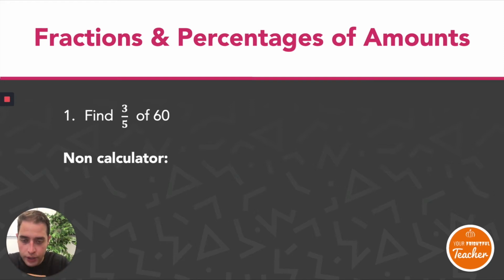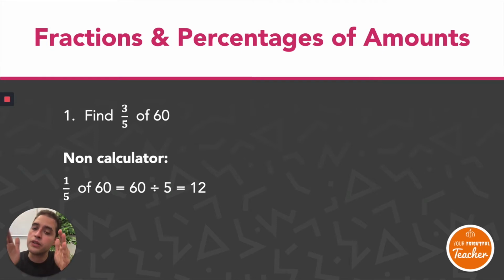On the non-calculator paper, 1/5 of 60 is 60 divided by 5, which equals 12. What I've done there is take the total value and divide it by the bottom number in the fraction, sometimes called the denominator, to get 1/5.